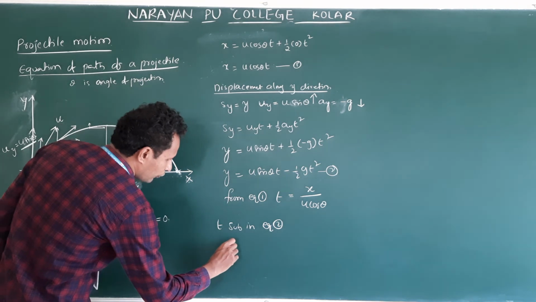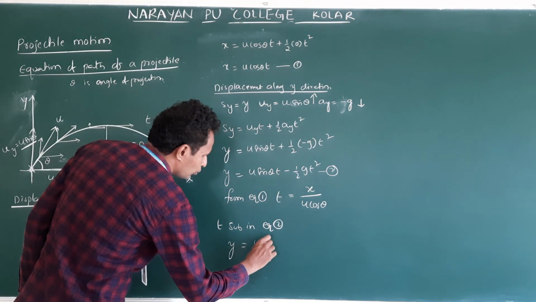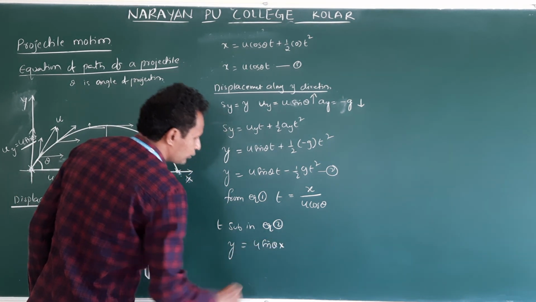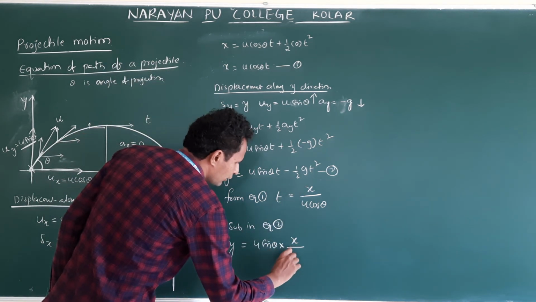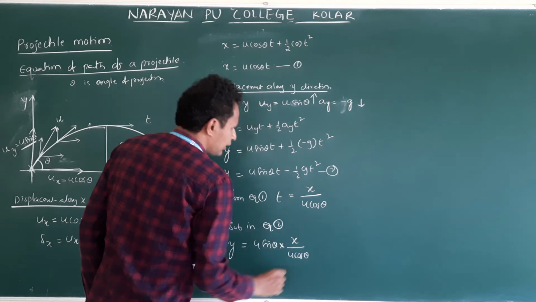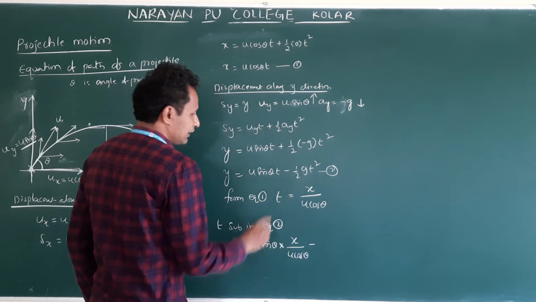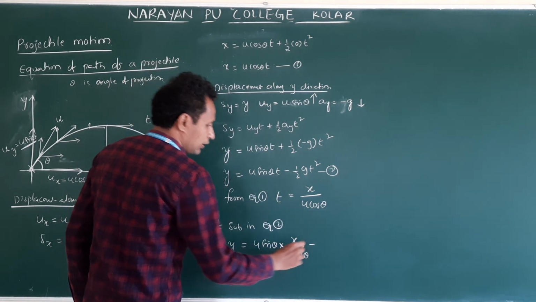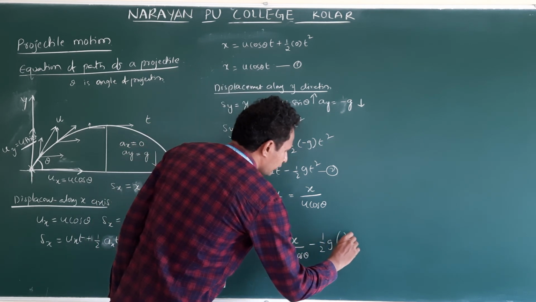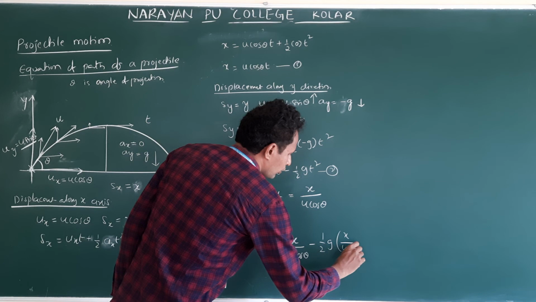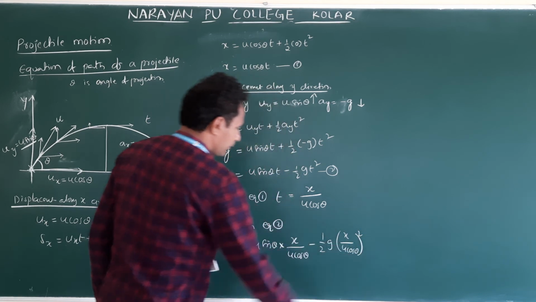Then what do you get? Y is equal to u sin theta into, what is t? X by u cos theta, minus, instead of t we are substituting, half g, what is t? X by u cos theta, whole square.